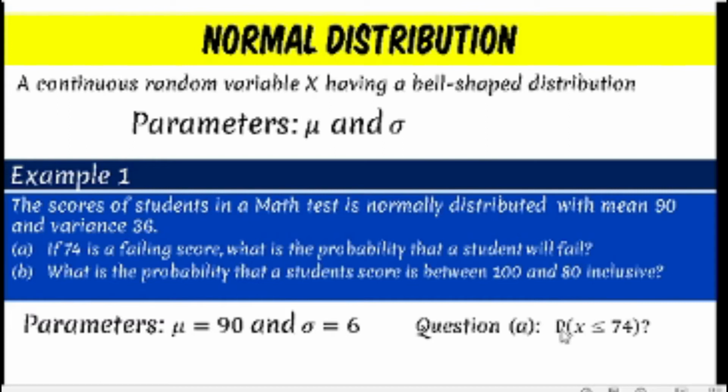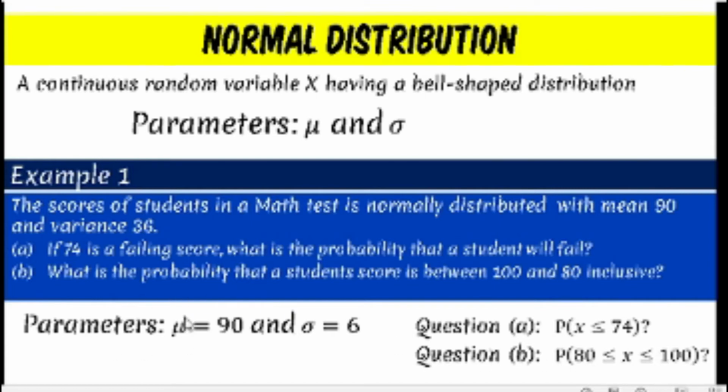We are looking for the probability that when we draw a number from that distribution, from this specified distribution in the problem, it is less than or equal to 74. And of course, the second question is mathematically equivalent to the probability that x is less than or equal to 100 and greater than or equal to 80.